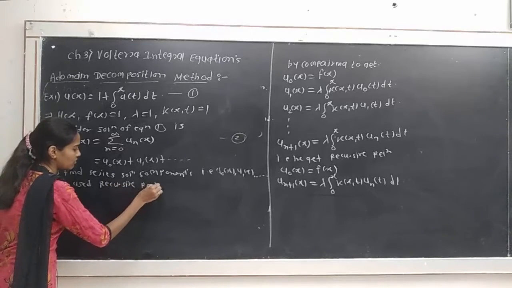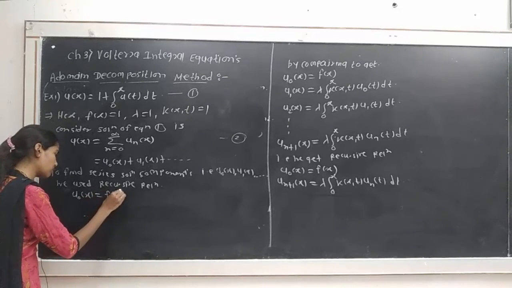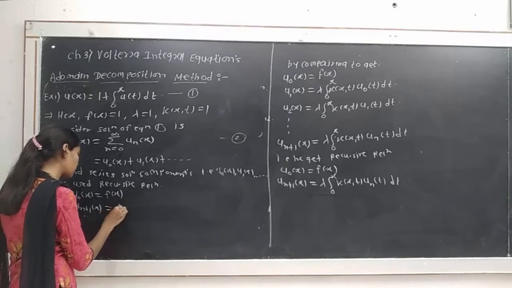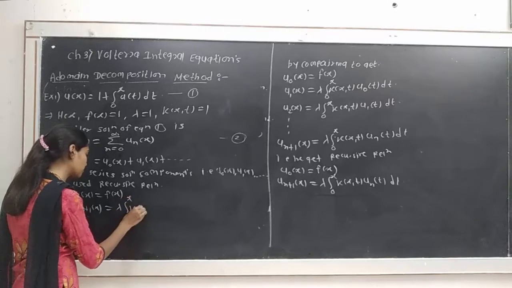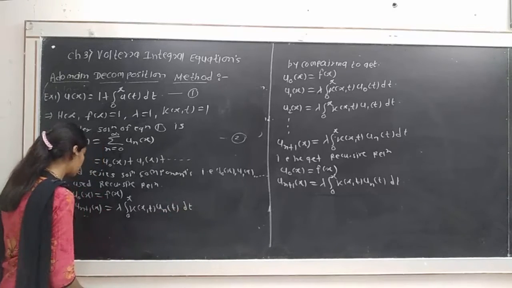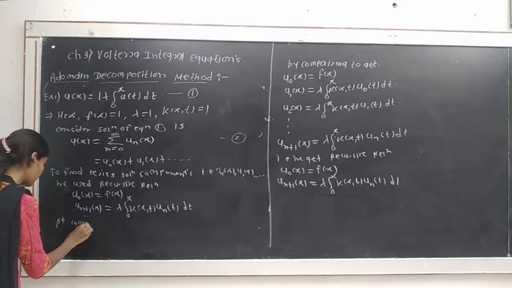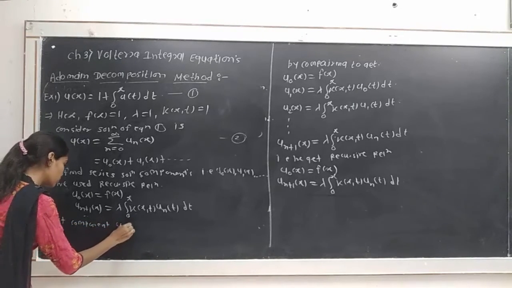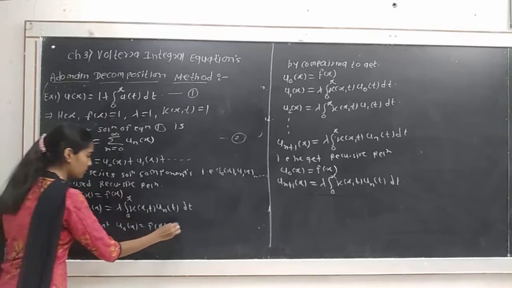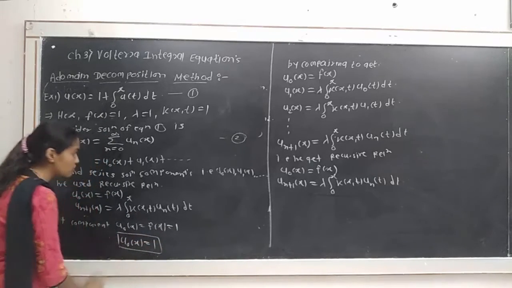We use the recursive relation u0 of x is equal to f of x for the first component, then the next components we can find using un plus 1 of x is equal to lambda integration from 0 to x k of x t into un of t dt. Okay, so first we consider the zeroth component. u0 of x is equal to f of x, and f of x for this equation will be 1. So we get u0 of x is equal to 1, that is the zeroth component.